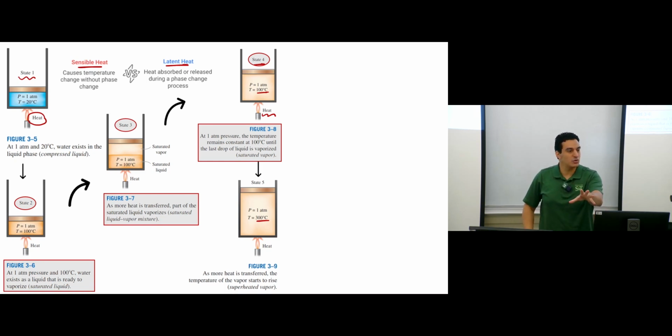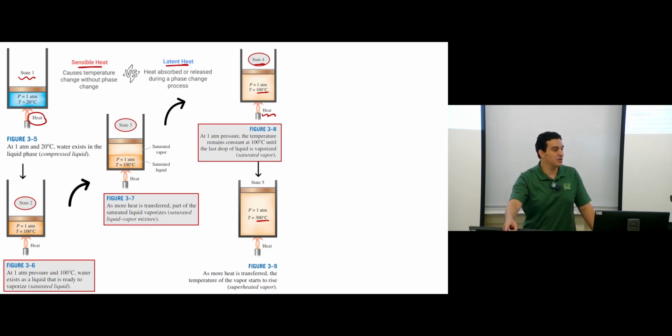You can add heat to the system, and the temperature of the system will change. If you add heat to this system, the temperature will increase. If you remove heat from the system, the temperature will decrease. You can sense the temperature difference. So if you are adding or removing heat from the system, and this results in a temperature change without changing the phase, this is called sensible heat.